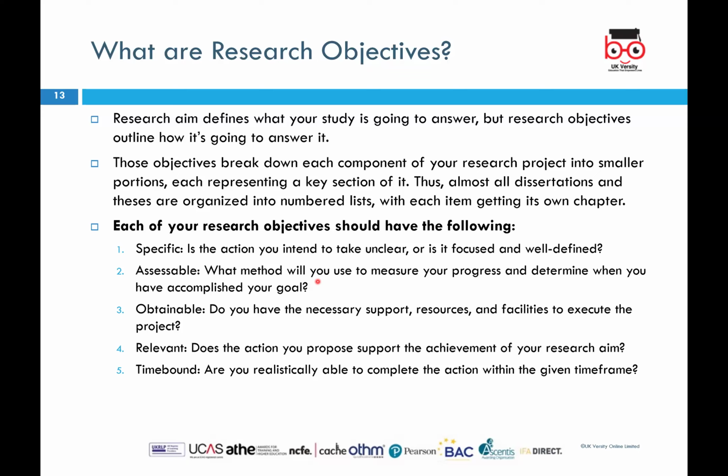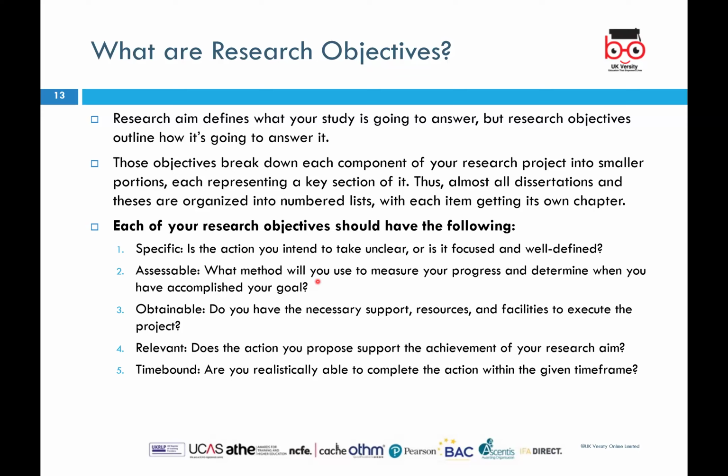So specificity means that it's clear. Measurable, or accessible: how would you measure your progress, or how would you determine when you have accomplished your aim or your goal? Okay, is there any way to get that information from your objectives?